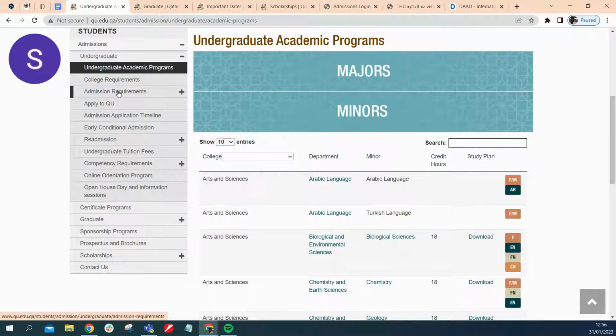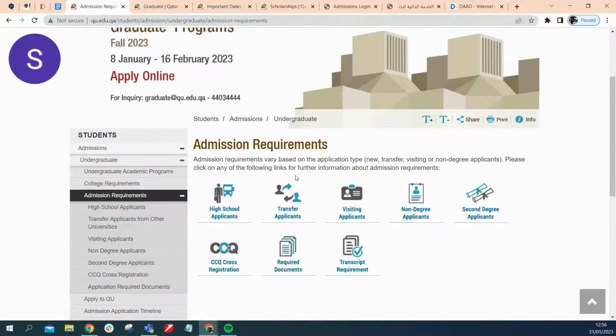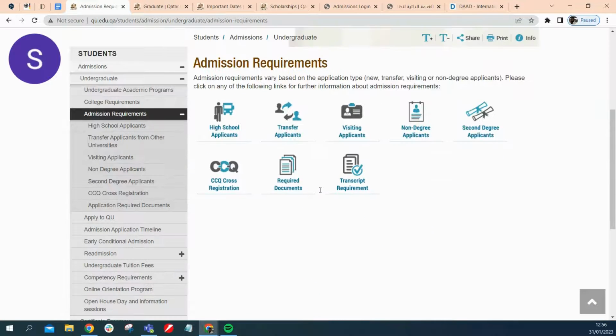So when we go through the admission requirements, which is very important when we are trying to apply for a course, you have to know what the admission requirements is all about. So this is something that you have to take your time, go through it.